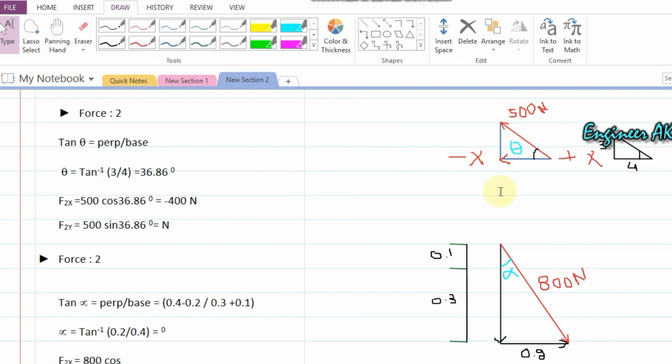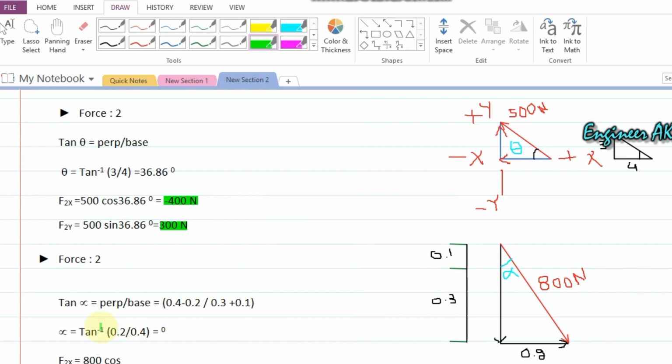Below it is the negative y-axis, above it is the positive y-axis, and this is moving like this, so it is positive. So I will plug here 300 Newton, right? Okay, so finally we have found the x and the y scalar components of the second force.